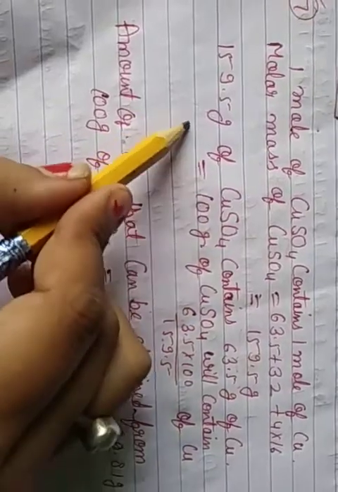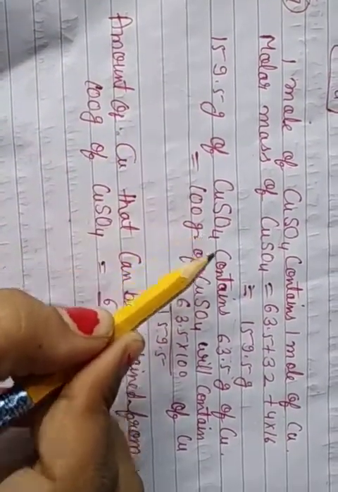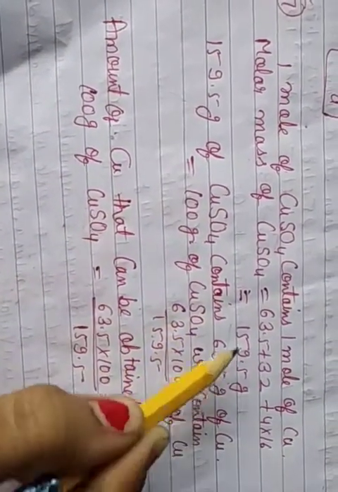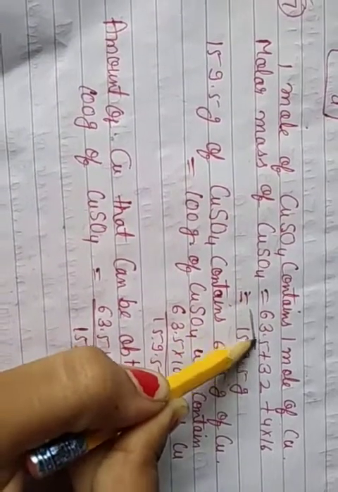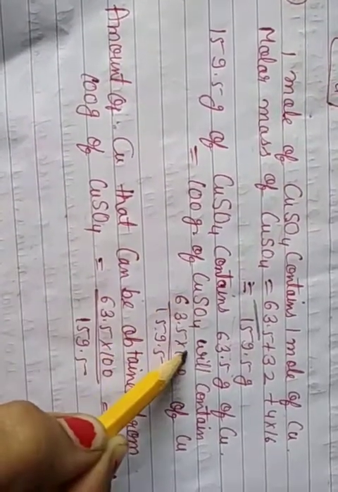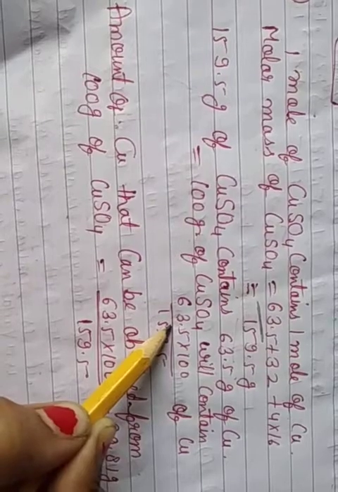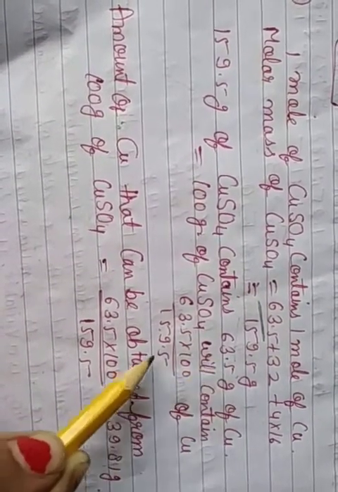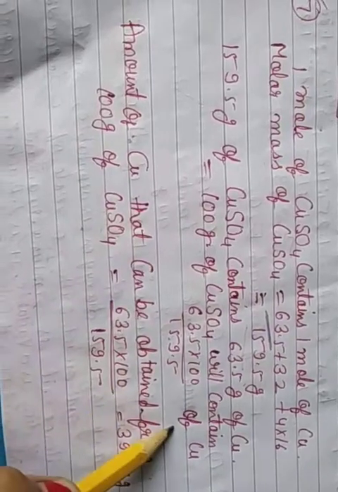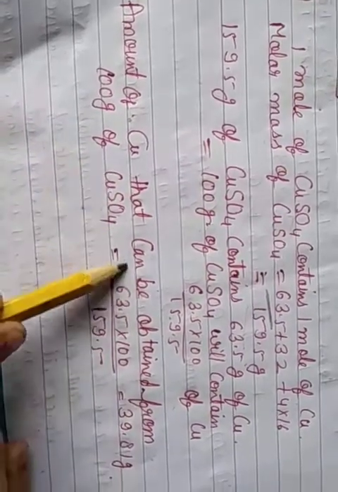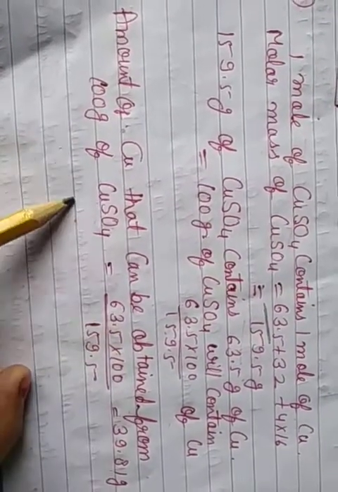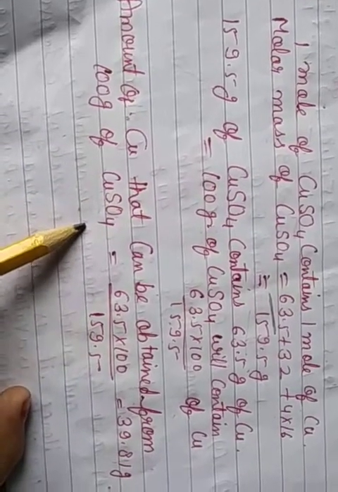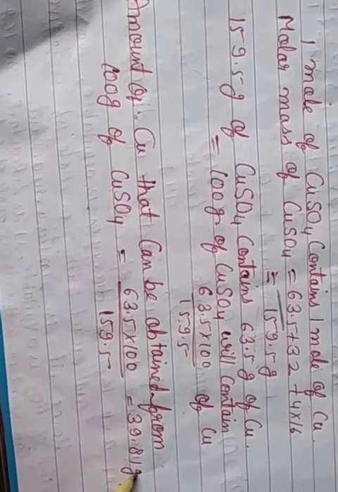Then 159.5 gram of copper sulfate contains 63.5 of copper. So 100 gram of the copper sulfate will contain 63.5 into 100 divided by 159.5 of copper. So 39.81 gram comes.